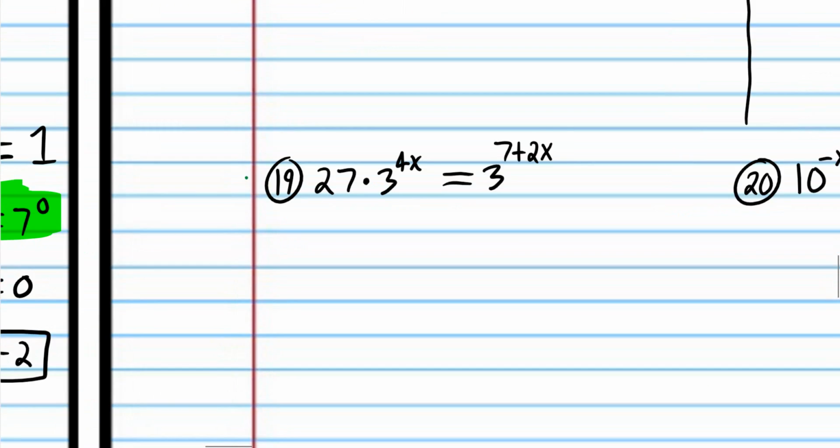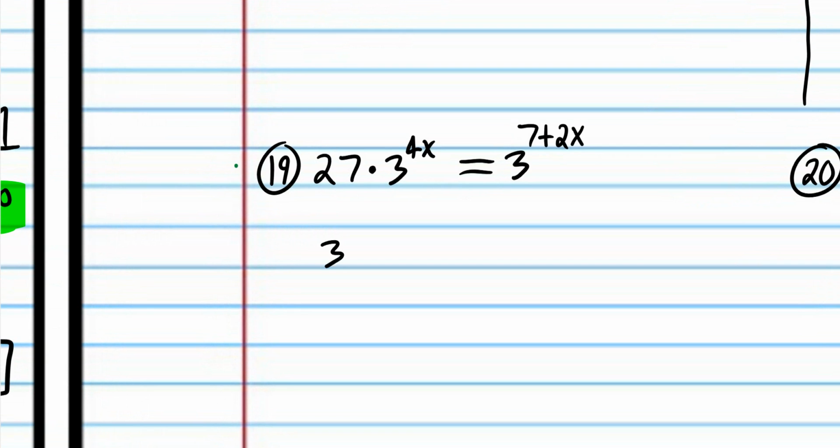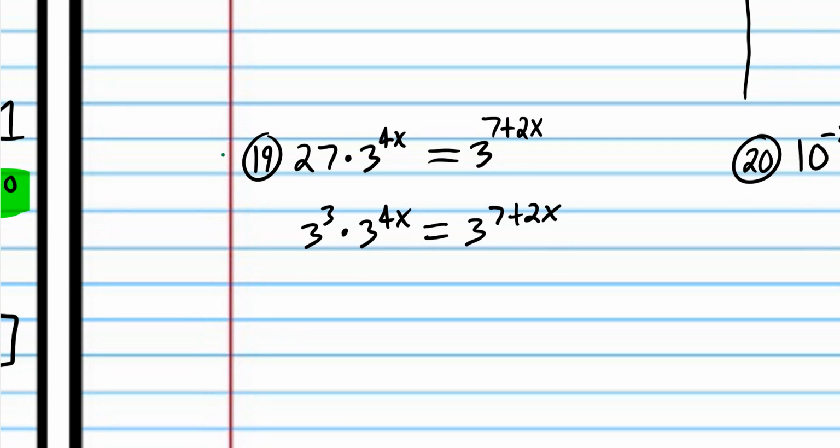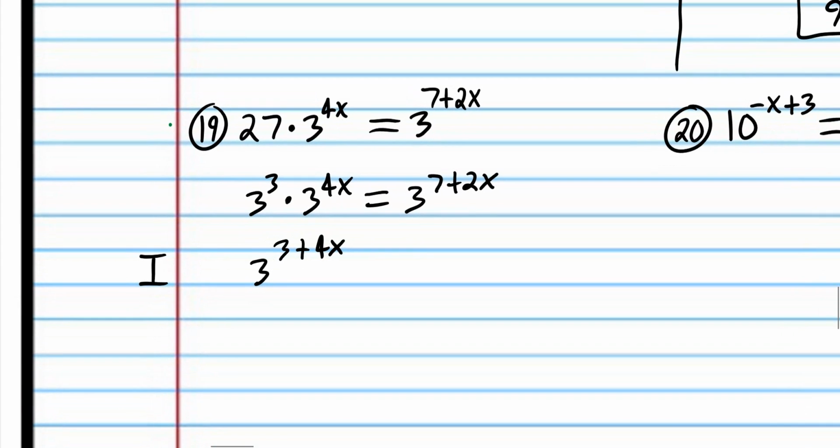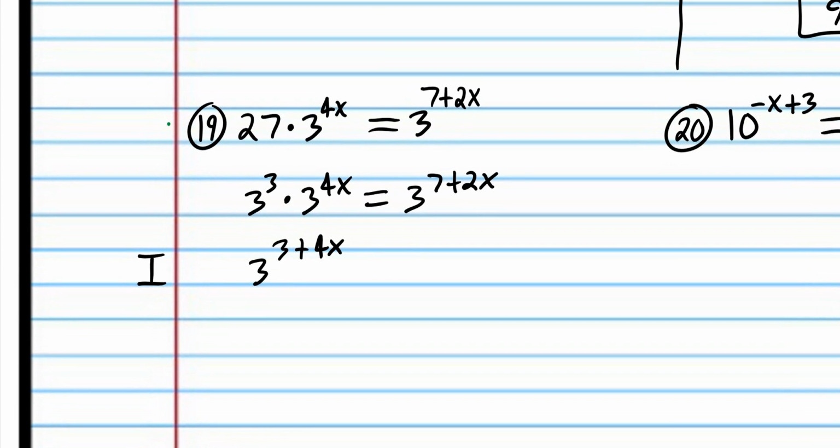All right, we're back. So I'm going to change 27 to 3 to the 3rd power. And then I'm going to use rule number 1, which tells us if we have the same base, and we're multiplying powers, then we can just add the exponents.